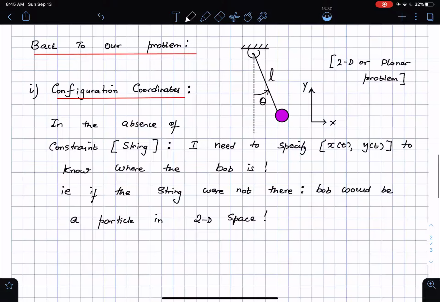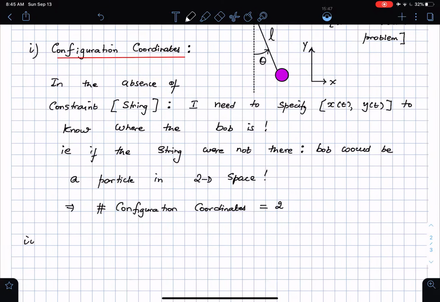So if I have to specify its position at any point, I need 2 configuration coordinates, which means that the number of configuration coordinates is equal to 2.